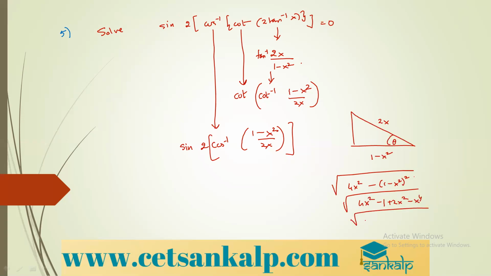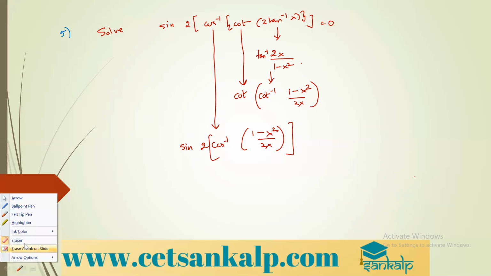And that will be minus 1 plus 6x square minus x power 4. It's becoming difficult to find the third side. So instead of going for this, we can't use this formula, we can't use Pythagoras rule.